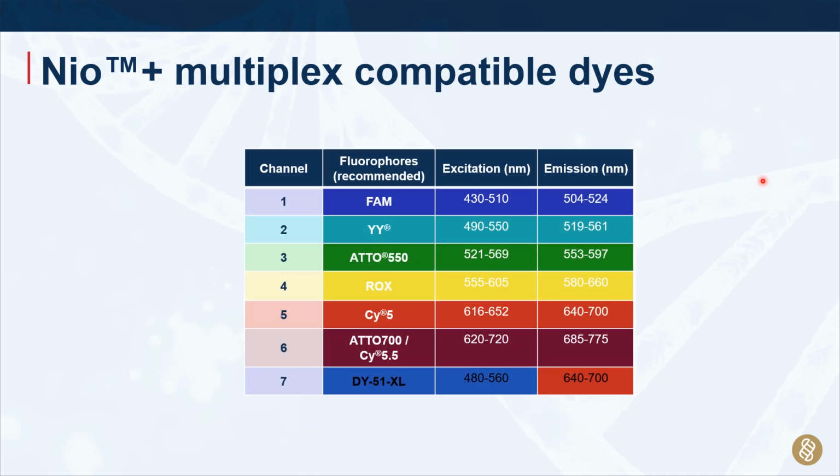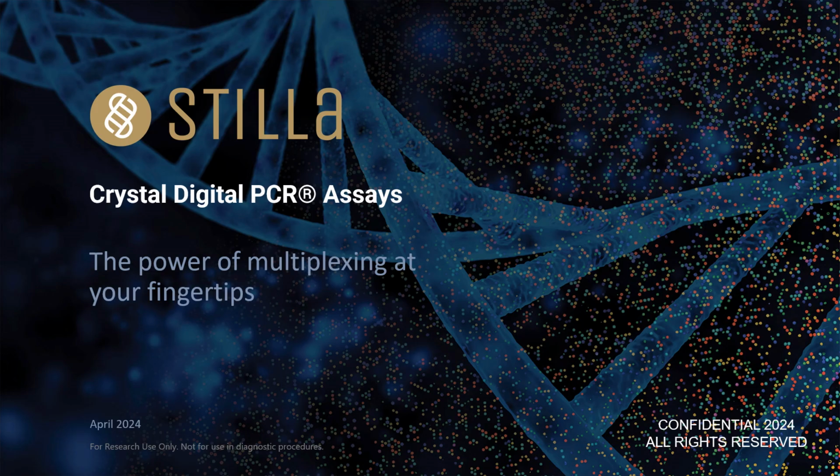Stilla Technologies is also very proud to present the Neo Plus systems, and these systems have a 7-fluorophore, 7-color compatibility, which is very similar to what you have with a 6-color system, but there's a long Stokes shift dye present for the 7th color, which is also available on this instrument.